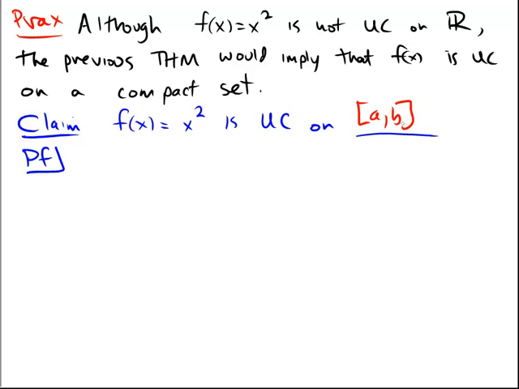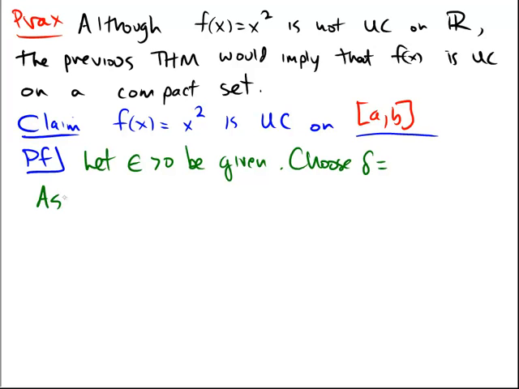This is a closed bounded set in R, so we're getting uniform continuity over that set. How can we see that? Let's put our game caps on. Let epsilon greater than 0 be given. Choose delta to be equal to, oh, I don't know. Let's think about it for a moment and see if we can find something.